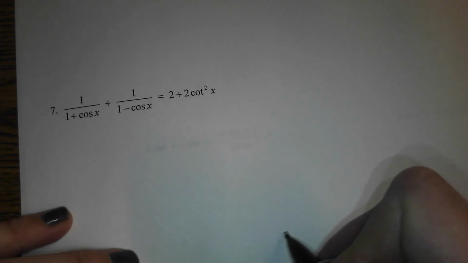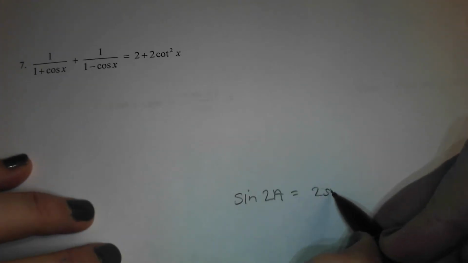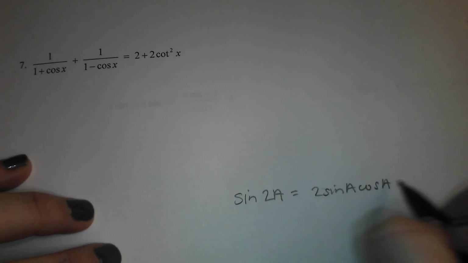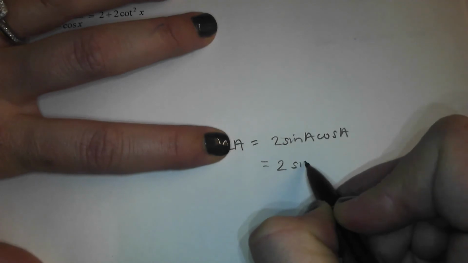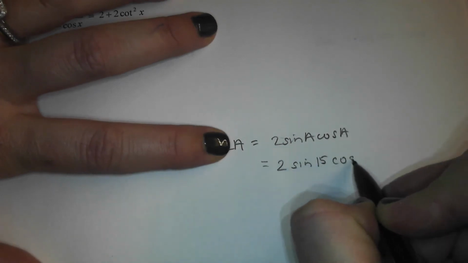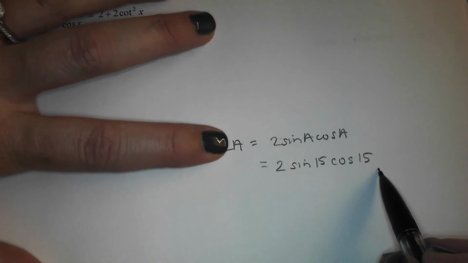So, in short, I'm just going to write this here, sine of 2a equals 2 sine a cosine a. If I were to ask you to find, if you saw this, 2 sine of 15 times the cosine of 15, without a calculator, you would have no idea what to do with that, as far as an exact value is concerned.